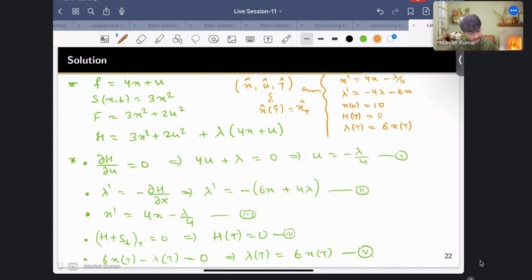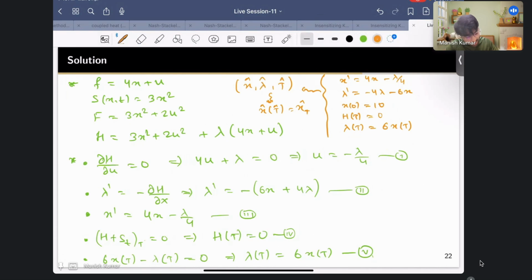Anyway, the point is you will get the solution using these two equations, and when you try to solve it you will ultimately land up at this T hat, so you will get some particular value of T, and this x hat, lambda hat, everything. I should say not u hat but lambda hat, because this system does not involve u at all.